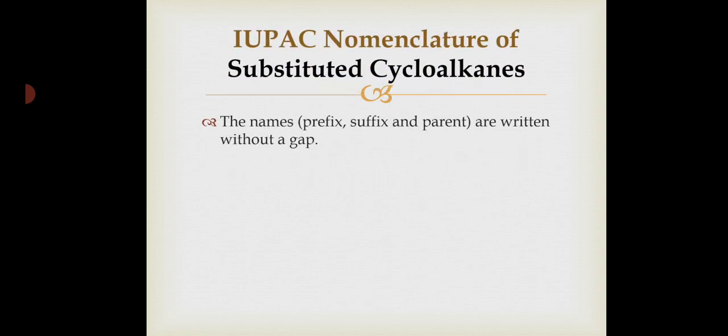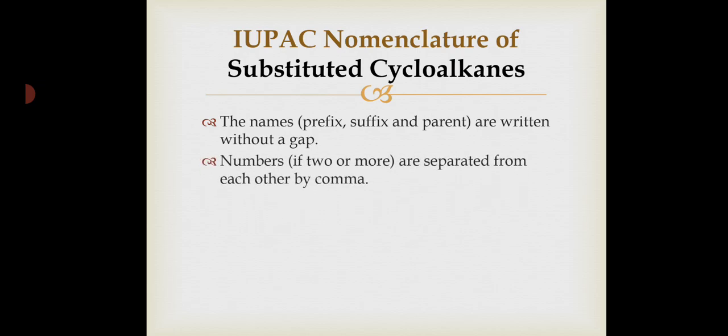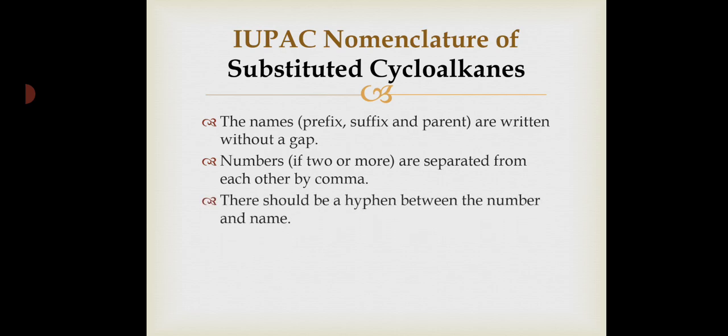The prefix, suffix and the parent name are written without a gap. If there are 2 or more numbers, they are separated from each other by commas. There should be a hyphen between the number and the name. These rules you know from earlier.